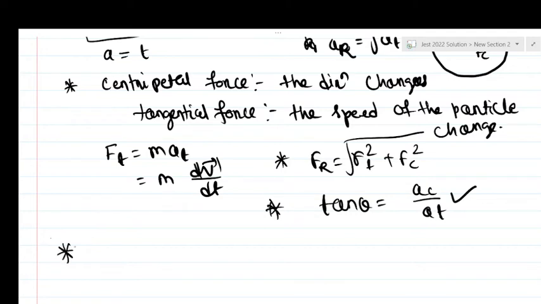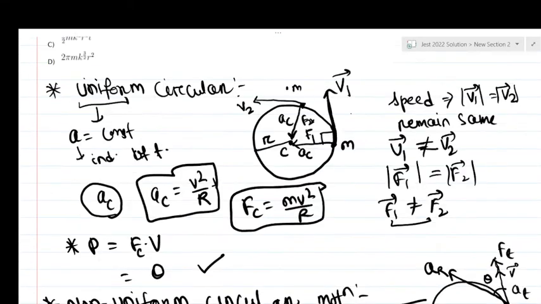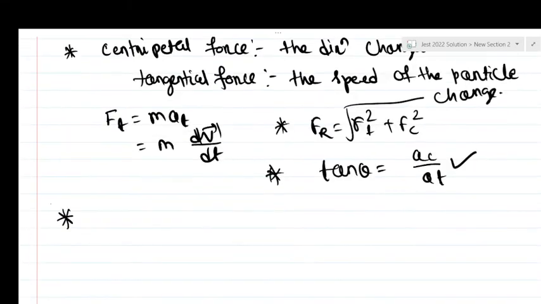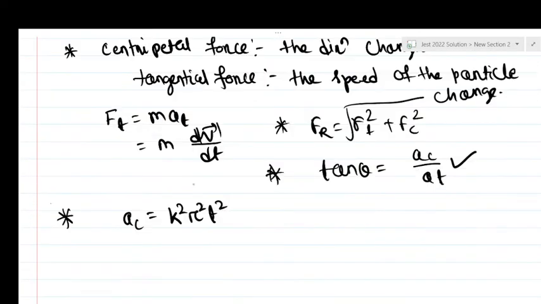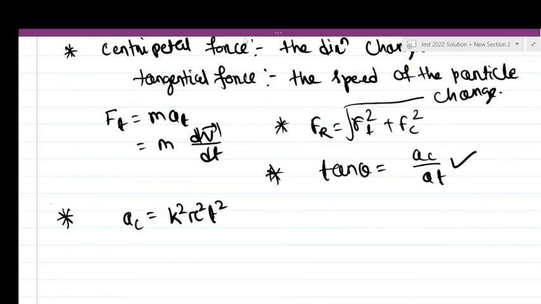Here we can find the answer easily. According to the question, the centripetal acceleration is equal to k square r and t square.